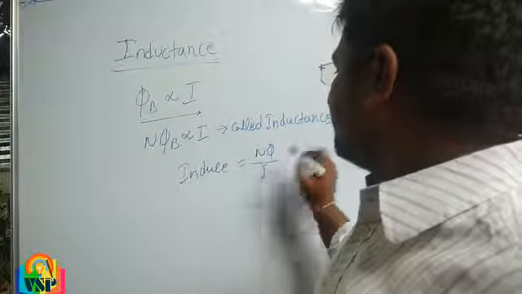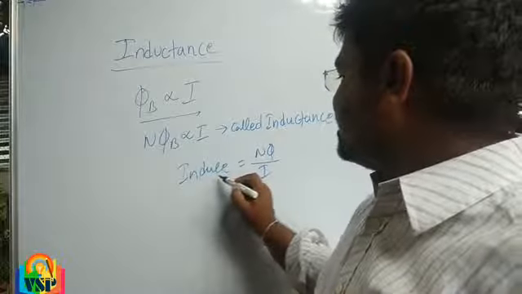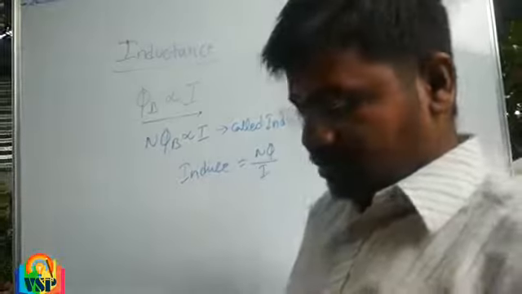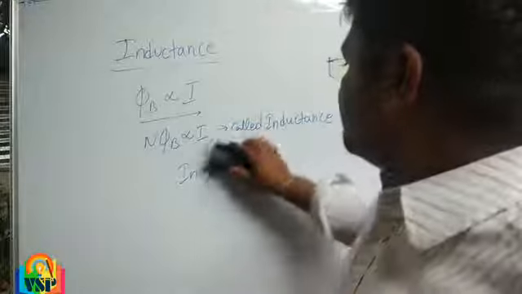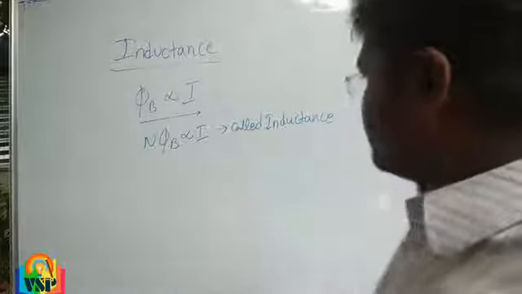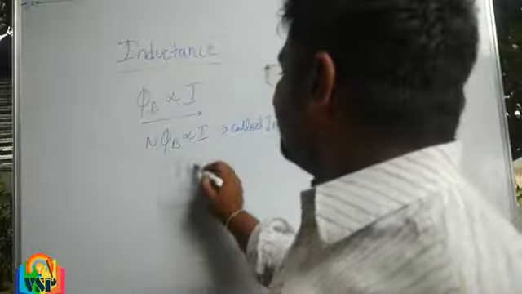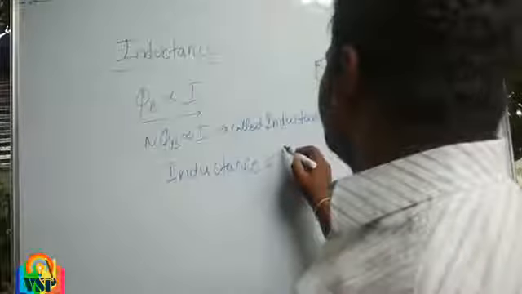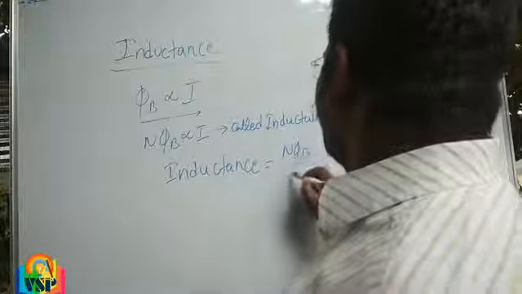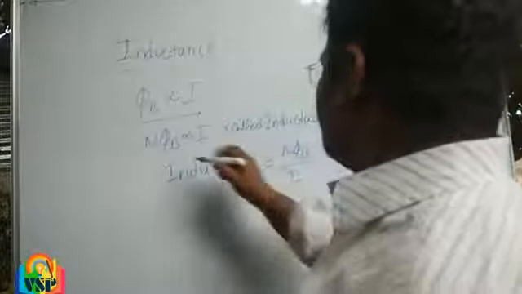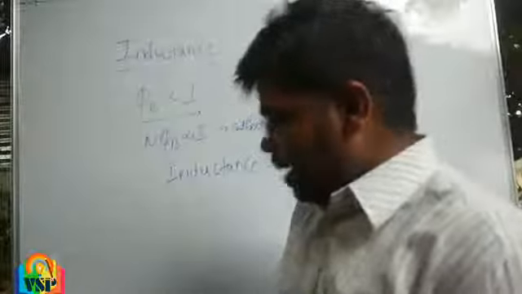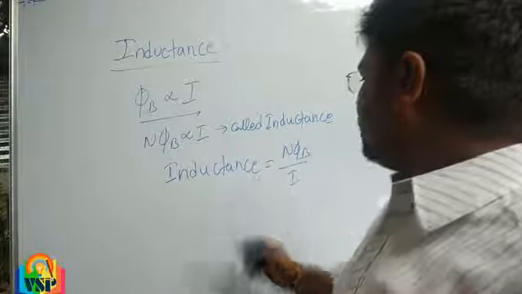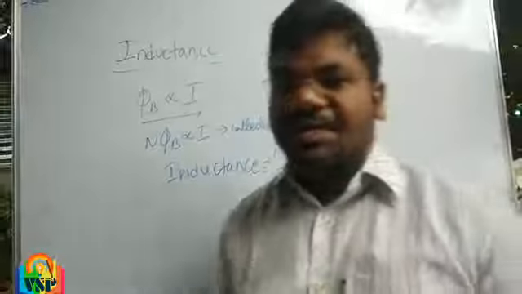Inductance is equal to N phi B by I. Magnetic flux is directly proportional to current, or inductance is equal to N phi B by I.